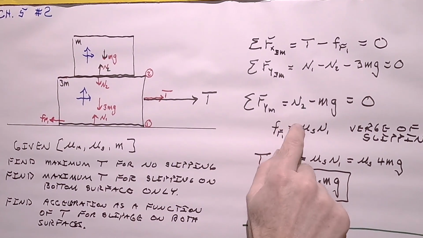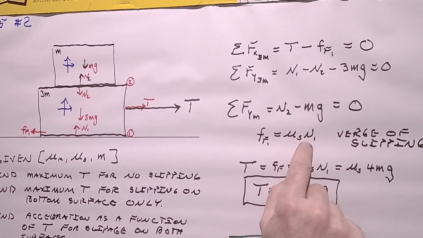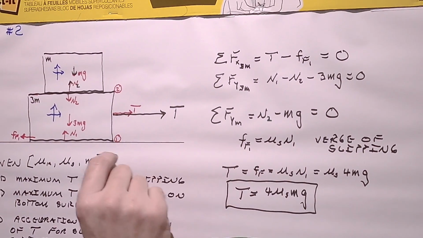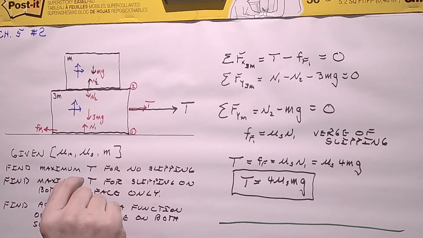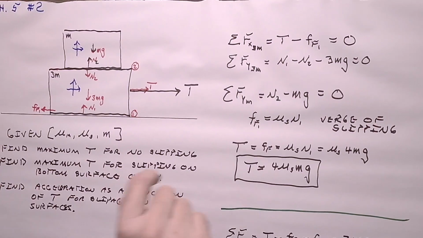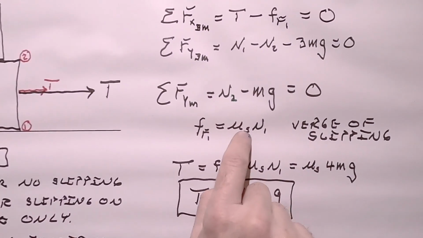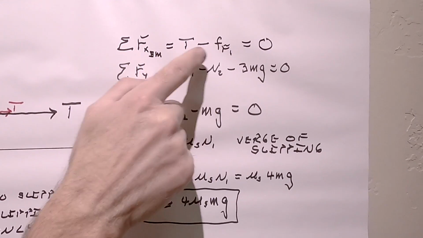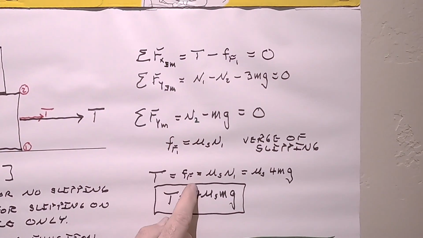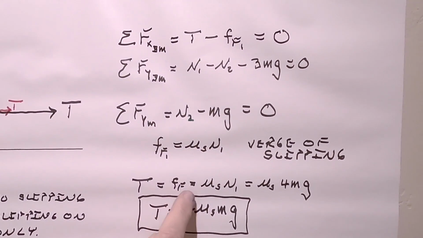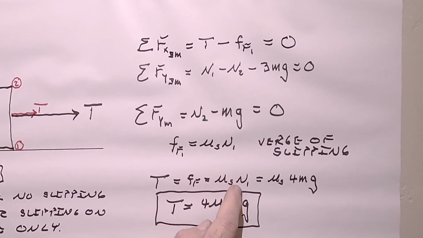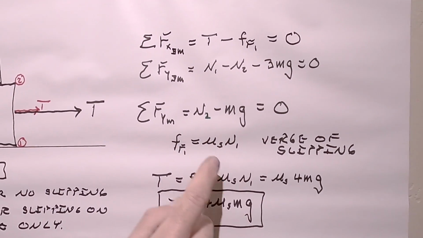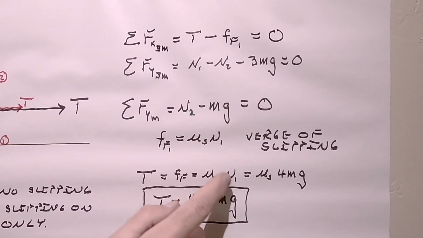Remember, normally it's less than or equal to, but we're on the verge of slipping. We want to find the maximum tension so that you don't get slipping. So we're on the verge of slipping, so we can make that an equality right there. So from this top equation, we can see that T and the friction are both equal. And from this one, we can see that the friction is equal to mu s N1. Now, we need to just plug in N1.